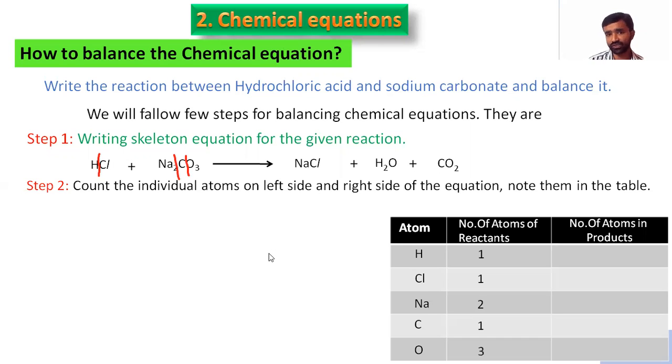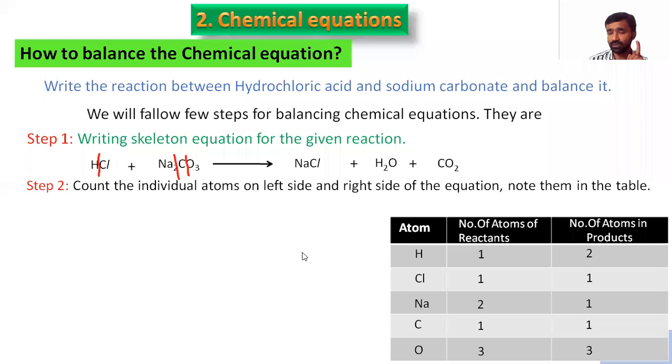On the RHS, hydrogen is 2. Then chlorine, 1, no subscript. Next, sodium, no subscript means 1. Next, carbon, no subscript, 1. Oxygen, the subscript is there and it is repeated twice: 1 is in H2O, 2 are in carbon dioxide. So 1 plus 2 equals 3. Like this, we can write the count.